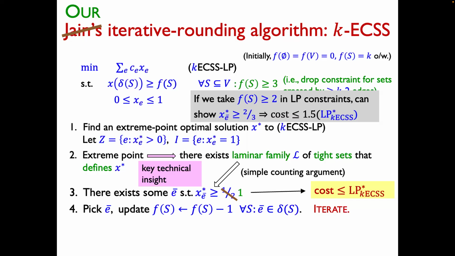Yeah, whenever we pick an edge, we have already picked an edge crossing it. And if the f value goes to at most 2, then we remove it, because that cut already has the target number of edges on its boundary that we want.